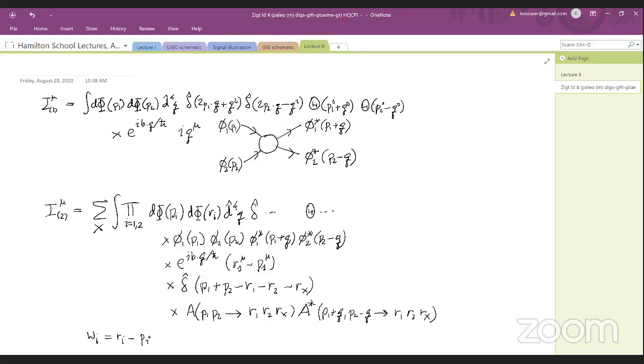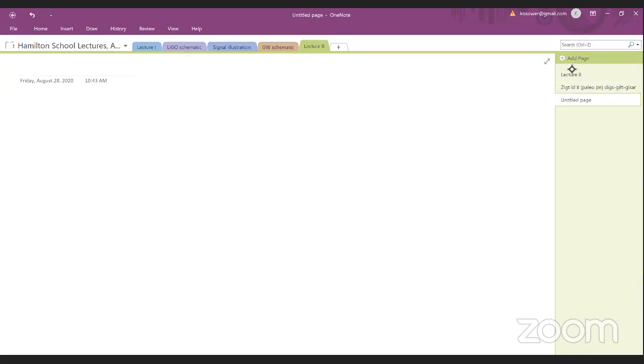There's actually going to be two of them because, in general, of the additional radiation that can come out. So we can write out the modified form that one gets after changing variables to the WI.